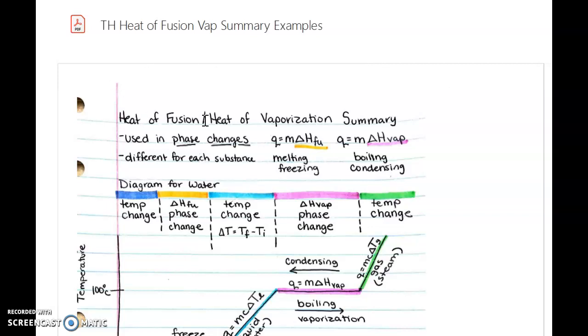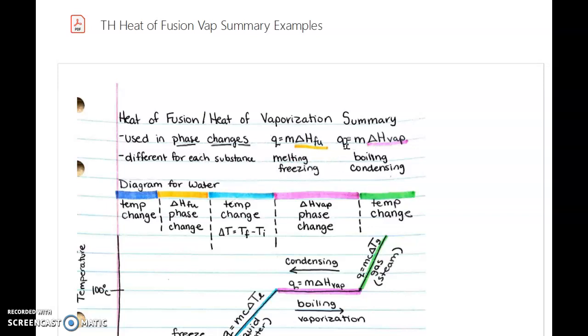We watched a video on heat of fusion and heat of vaporization. These are both used in phase changes. We are changing from a solid to a liquid to a gas, or backward from a gas to a liquid, and a liquid to a solid. So these are the two equations we have. Q equals M times the heat of fusion is for melting and freezing.